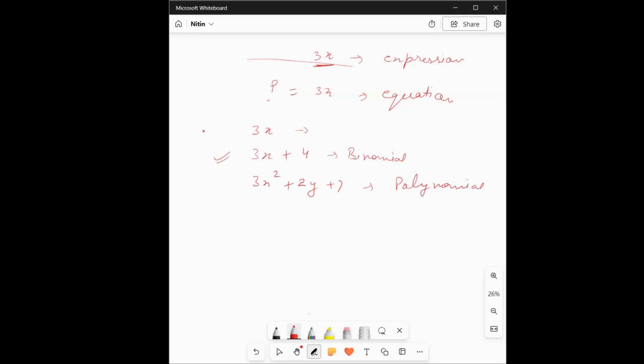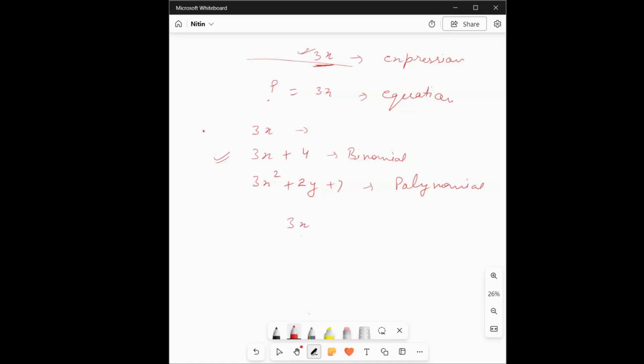Next we'll talk about coefficients. You know what coefficients are? Like the number of a variable. Taking this example only, this 3x. What is the coefficient of x here? 3.